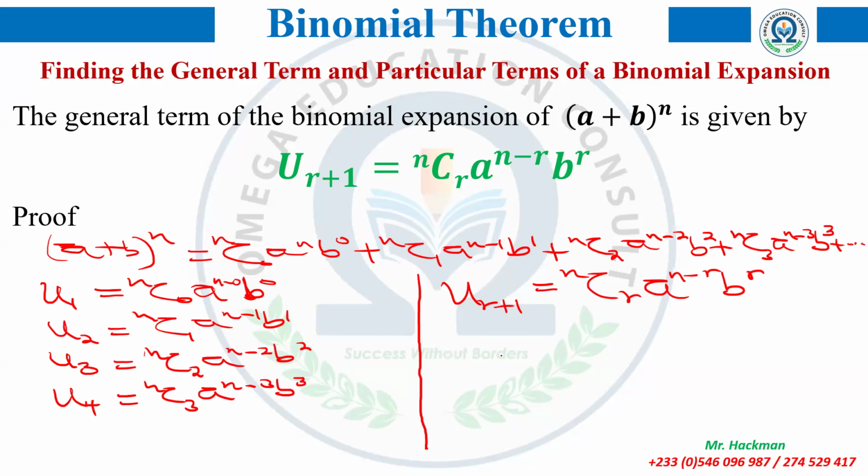So in some books, you will see A sub R plus 1 is equal to what you have there. But you can see that if I use A, there will be a conflict. So usually when A is used, then they will rather use X and Y to represent your terms in the binomial, because there will be conflicts. You get my point? Yes, sir. And we can also use capital T sub R plus 1, T for terms, and that will be equal to, if you use T, you can go by this, because there wouldn't be any conflicts. You get my point?